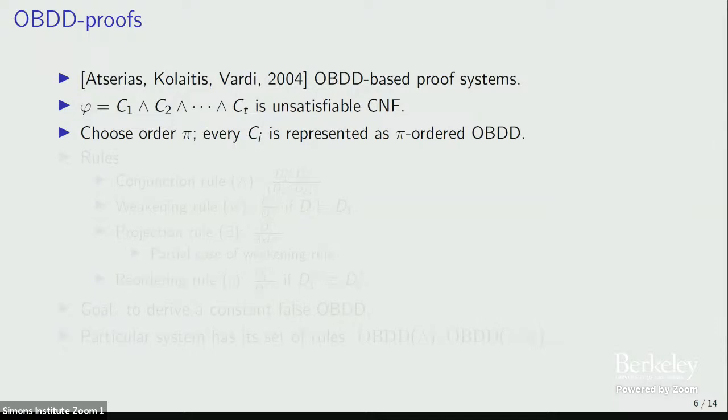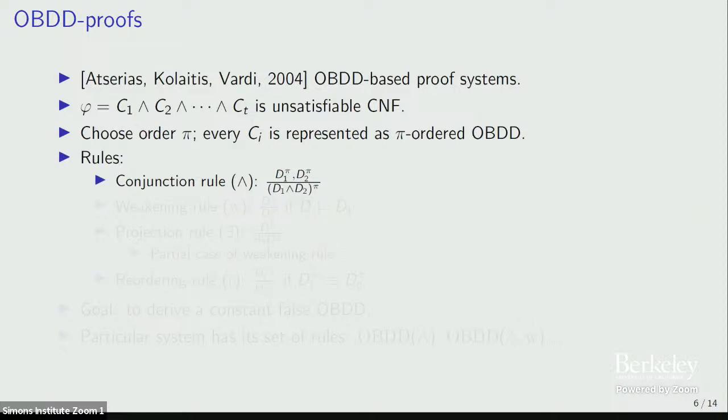I will discuss in this talk the semantic proof system where read-once branching programs are proof lines. But we start with OBDD proofs. The proof system was defined by Atserias, Kolaitis, and Vardi. Formally, in a derivation, we choose an order of variables for all OBDDs, and we define the following rules.